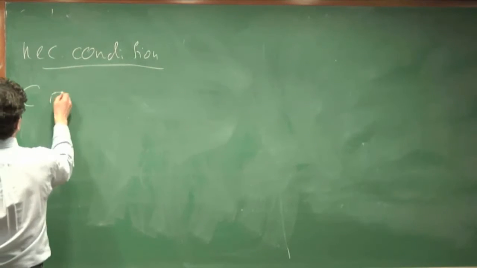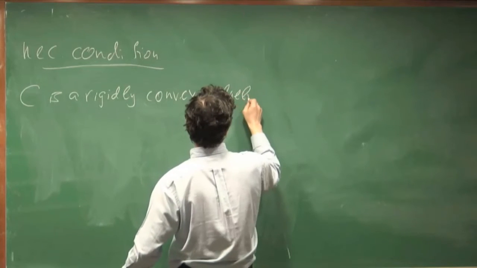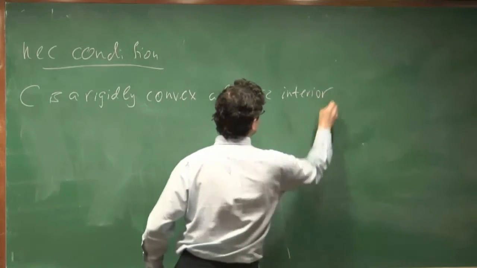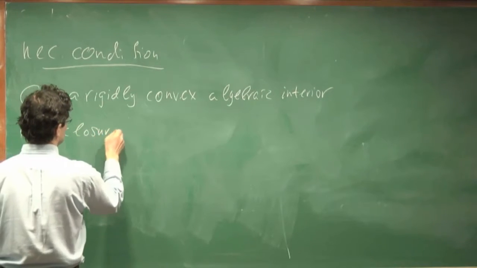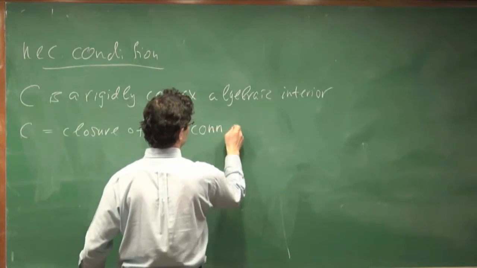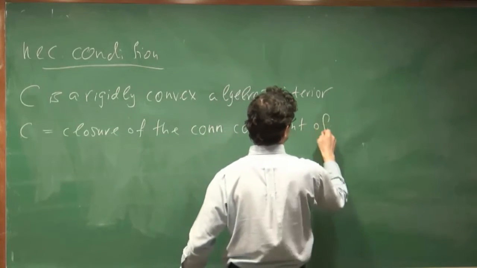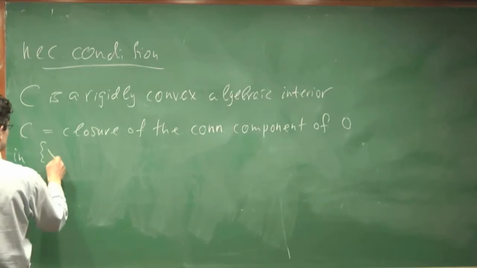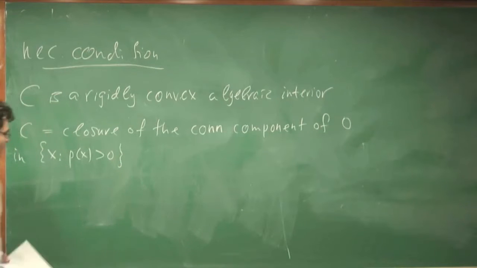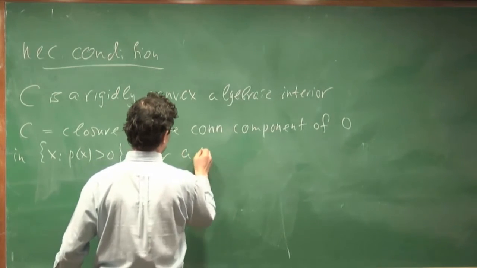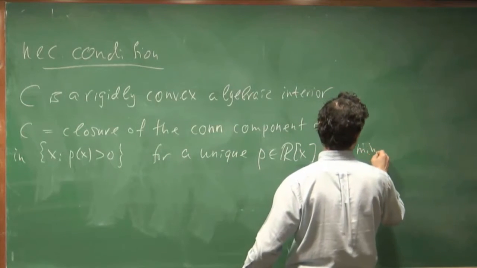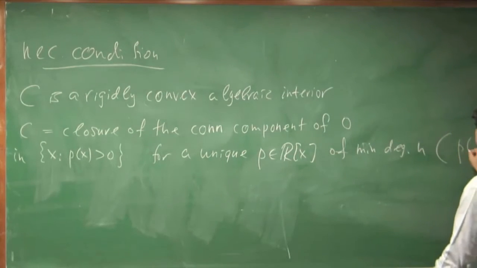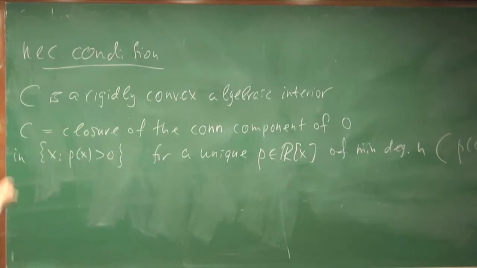So C is a rigidly convex algebraic interior, which means that C is the closure of the connected component of 0 in the set of all x such that P(x) is positive, for a unique real polynomial P of minimal degree n, and let us normalize as well by taking P(0) equal to 1. So that's algebraic interior.